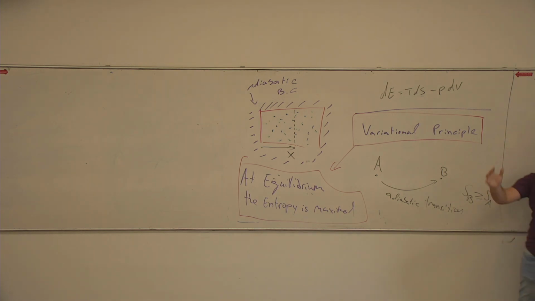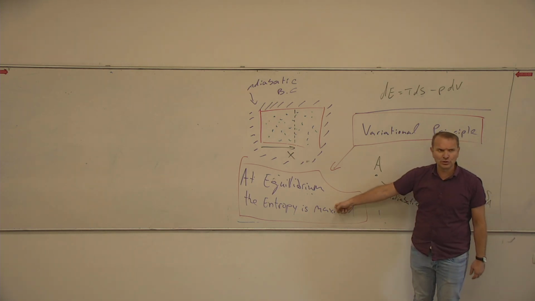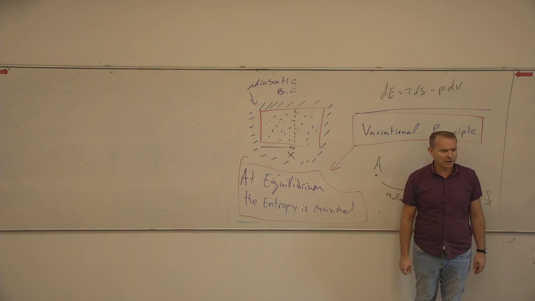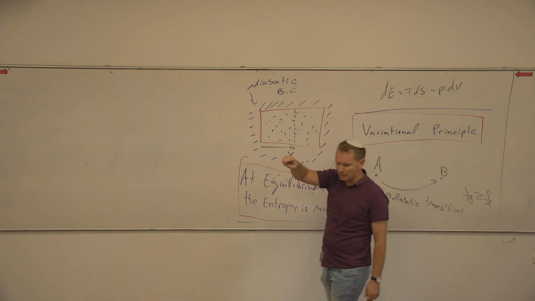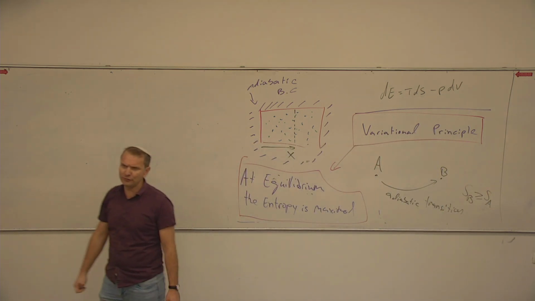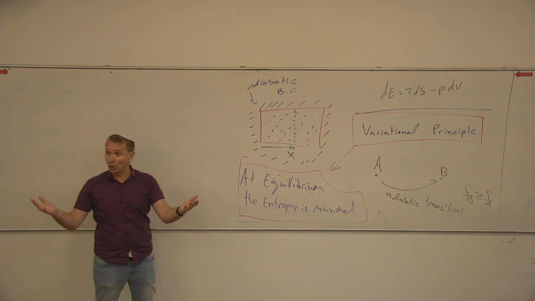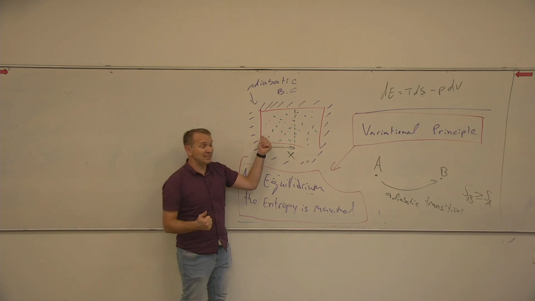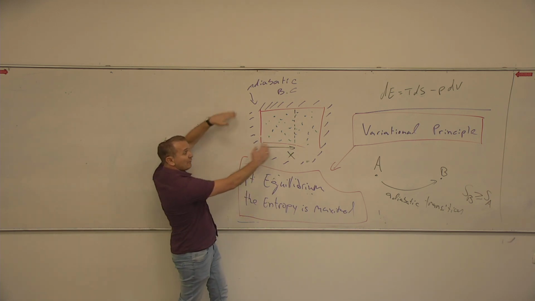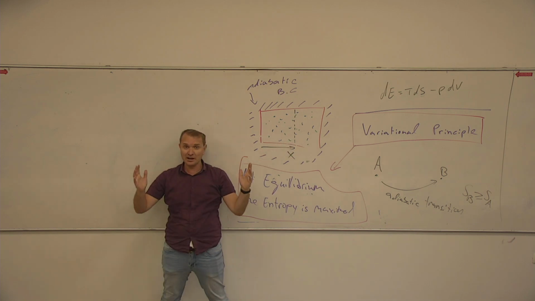I have to compute the entropy of the system. I will find the maximal value of this entropy. Maximal value with respect to what? Not to the energy, because the energy is kept constant because everything was adiabatic and I haven't done anything to my system.